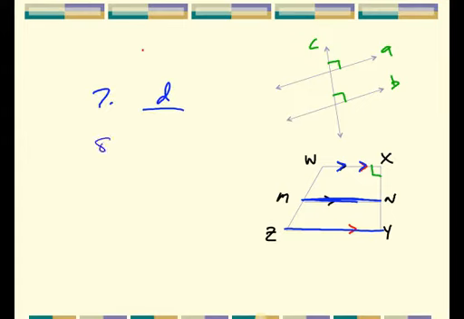Number 8, why would we be able to say that ZY is perpendicular to XY? And so in this case, we have a parallel set and a perpendicular set. And sometimes it helps to just extend them past a little bit. Maybe helps you think of them more like lines.